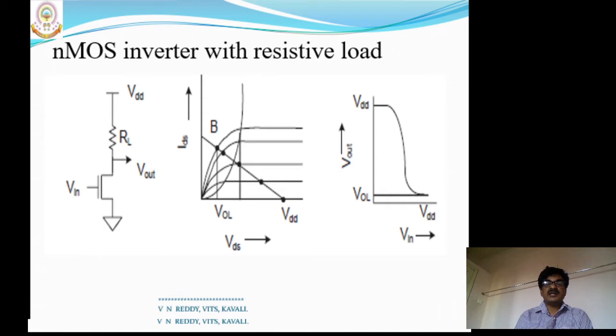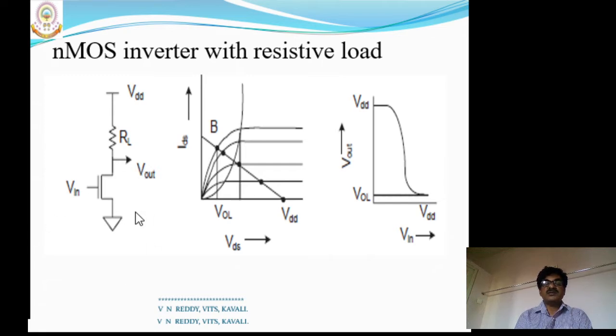Coming to the second case, let input be logic 1. That means apply VDD voltage at Vin. With such voltage, the NMOS transistor acts as an on switch. On switch means it is considered as a short circuit. So the output is now a short circuited voltage.